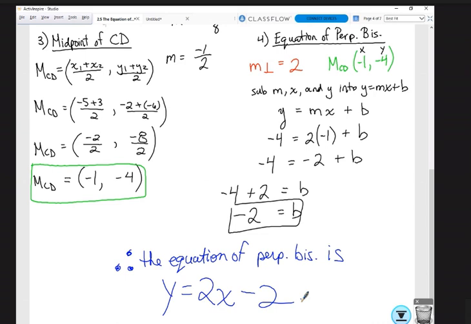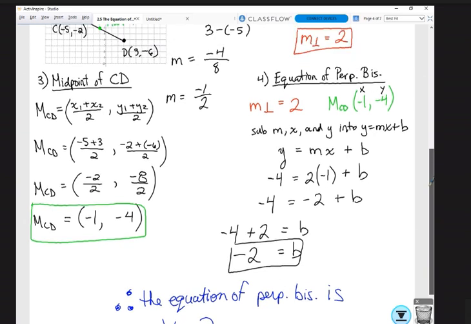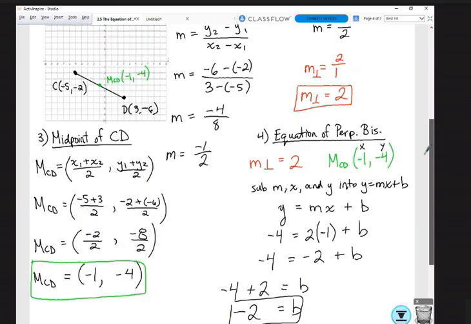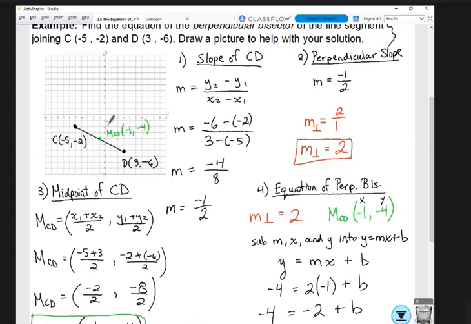Not so bad, or what? Not bad? Okay, it's all right. It does make sense. If you're able to take the words perpendicular and bisector, and you have a really good knowledge of getting the equation of a line, it's not so bad. So when we go here, what is that? 2x minus 2. So sure, I'm going to start at -2, rise 2, run 1, rise 2, run 1, rise 2, run 1, rise 2, and here we go.